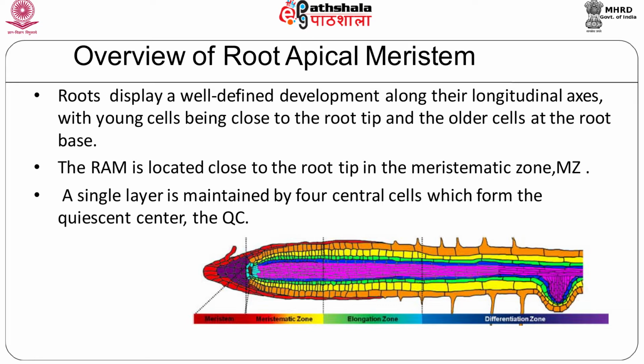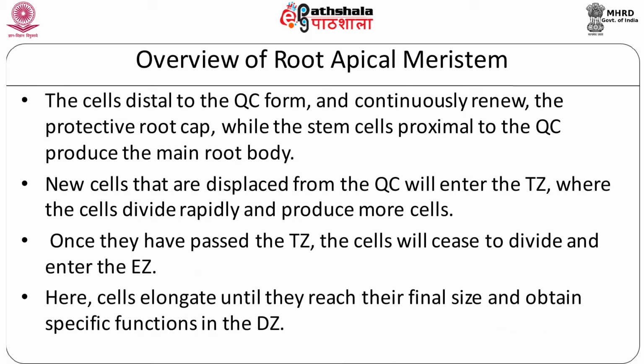Here, a single layer of cells is maintained by four central cells, the quiescent cells. The stem cells distal to the quiescent cells continuously renew the protective root cap, while the stem cells proximal to the quiescent cells produce the main root body.